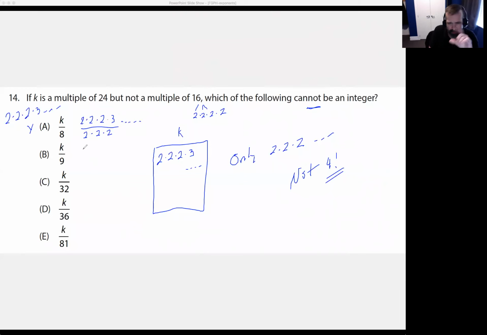What about B? And B is a little bit tricky. I have 2 times 2 times 2 times 3 over 9, which is 3 times 3. Could that maybe be a thing? Because we said K could have anything else but a what?